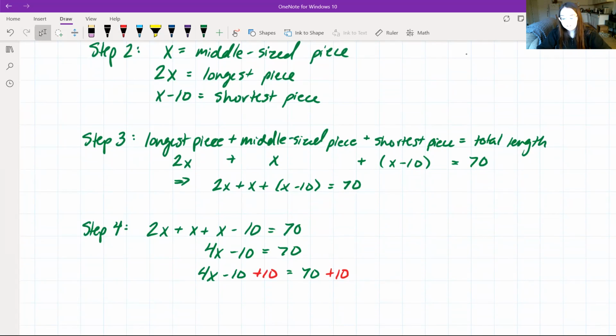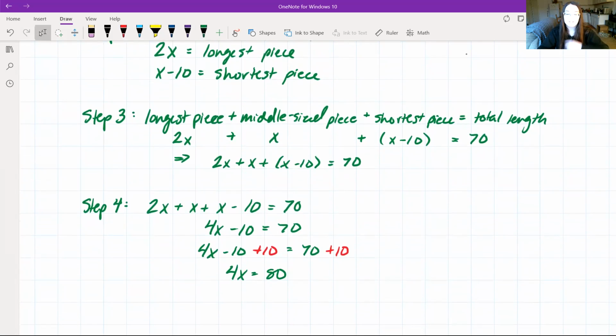So now we've canceled out our minus 10 on the left-hand side to get 4x is equal to 70 plus 10, which is 80. So now we have our constant on one side, our x variable on the other, and now we just need to simplify. So we're going to divide each side by 4.